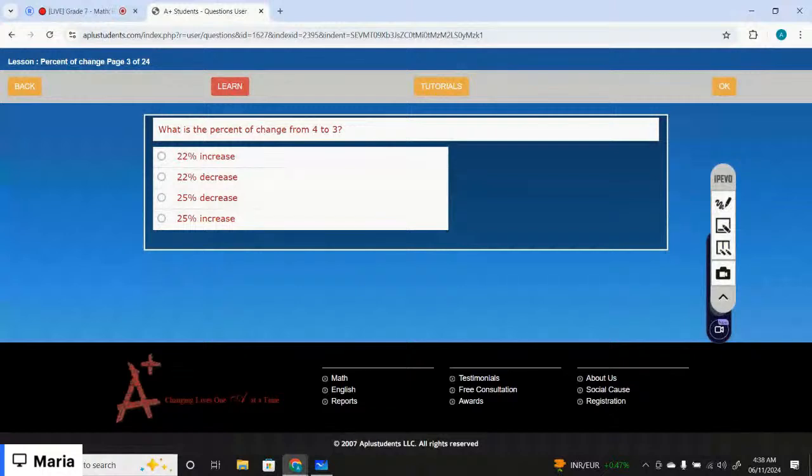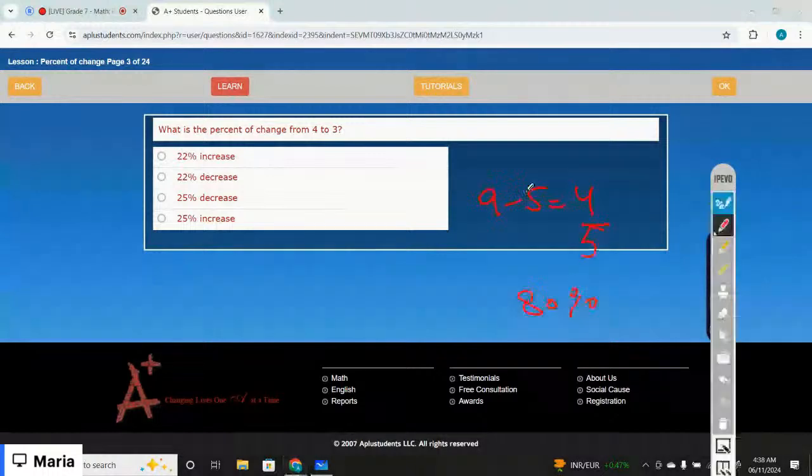What is the percent of change from 4 to 3? 4 to 3, the value is decreasing, right? So 4 minus 3 divided by 4, that is 1 over 4.